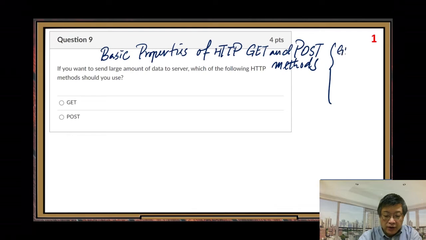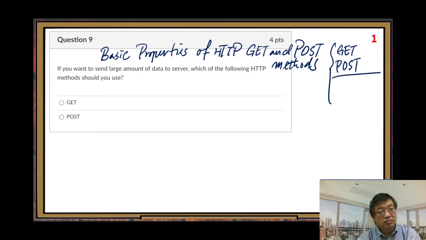So GET and POST are two commonly used methods. Most frequently we use these two methods, but there are a few other methods. You may need to use the PUT method and the DELETE method.